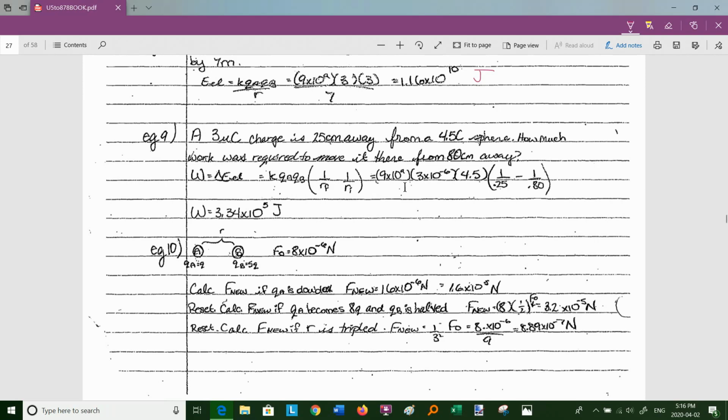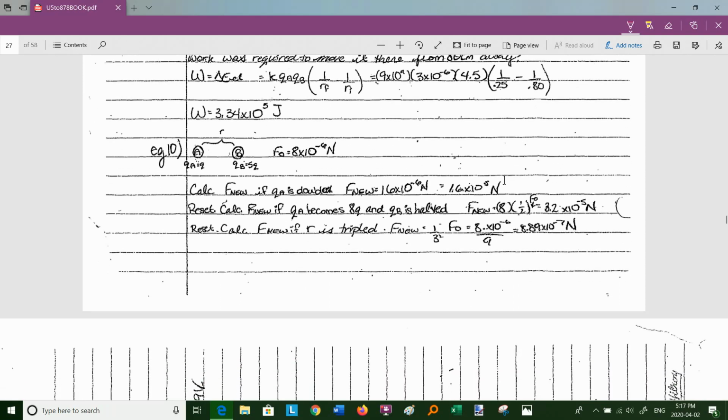So 9 by 10 to the 9 times 3 by 10 to the minus 6 times 4.5 times 1 divided by our final, 0.25, minus 1 over our initial, 0.8. So you put that in, and the work needed to move it there, you had to do that work because they're both positive, is 3.34 by 10 to the 5 joules. The charges are both positive.